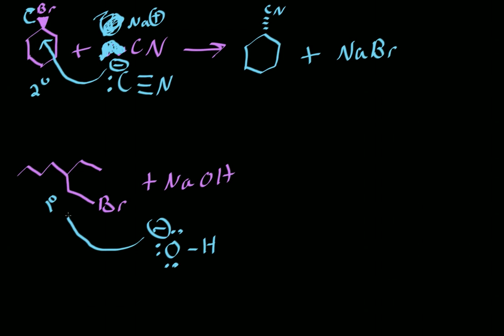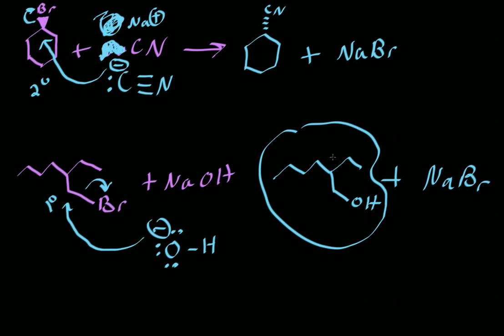So it's going to attack backside, and our bromine is going to be kicked off, and we'll get something that looks like this. We have our chain, 1, 2, 3, and then we have our OH that attached. Once again, you could put NaBr as your other product, but that's not important. What's important is this guy right here.